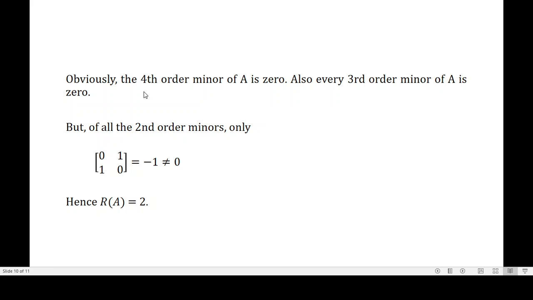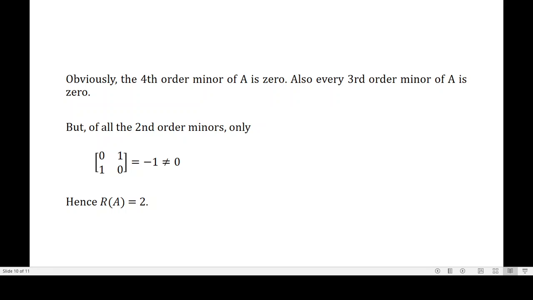So obviously, the fourth order minor of A is 0. Every third order minor of A is also 0. But of all the second order minors, only the minor 0, 1, 1, 0 is equal to minus 1, which is not equal to 0. Hence, rank of A is equal to 2.